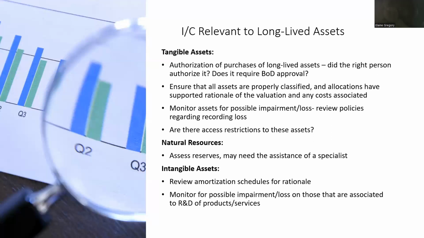And intangible assets, again, we want to make sure that we have segregations of duties within the organization that affects all three of these types of assets. Those who oversee the asset should not be the ones that are calculating and recording the allocation values. You want to monitor these assets always for possible impairment.